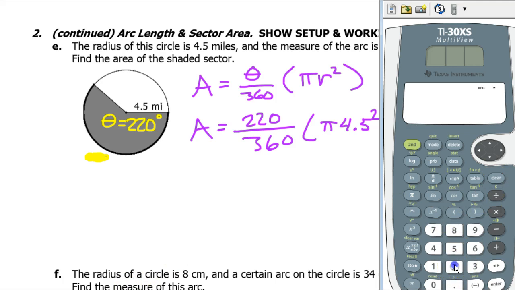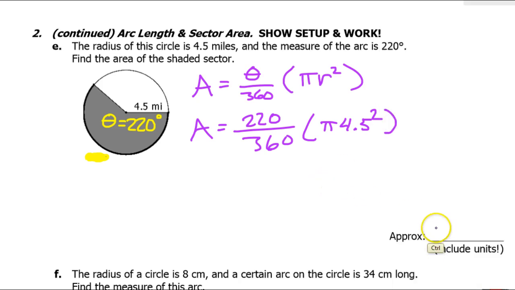So here I go, 220 over 360 times pi 4.5 squared. So that's 38.88, got to round up.